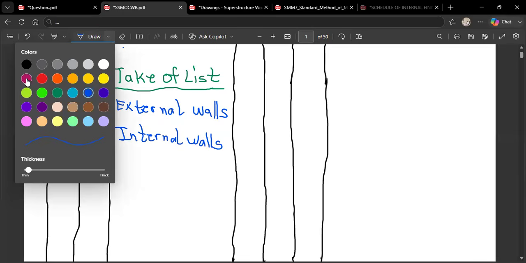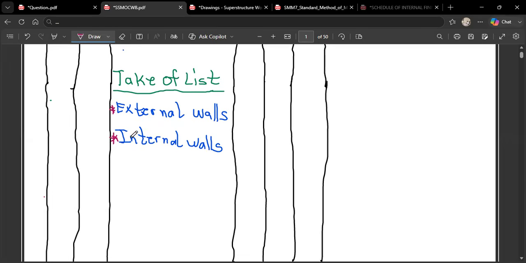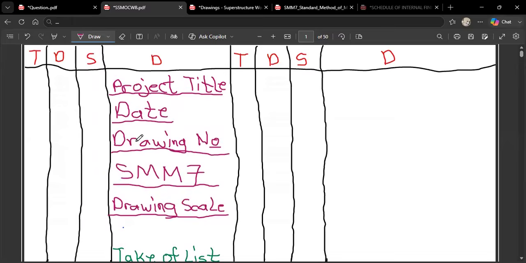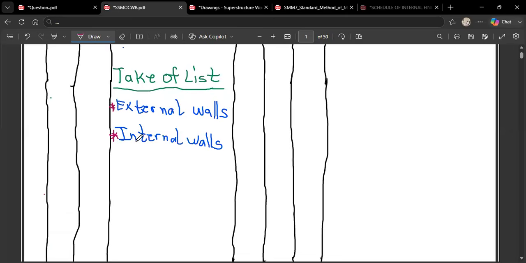Internal walls. So I just want to indicate it, so I can just put asterisks over there. Yes. So that is our take-off list. So we are just going to pick one of them and then we begin to lay more emphasis on it. So we are starting with the external walls.